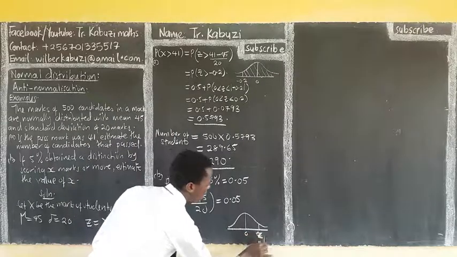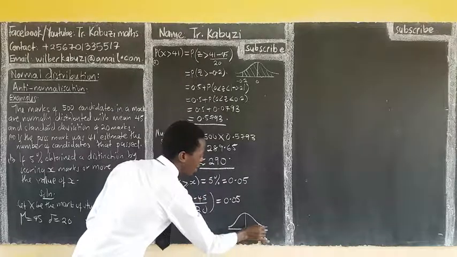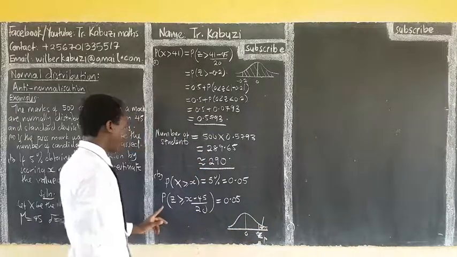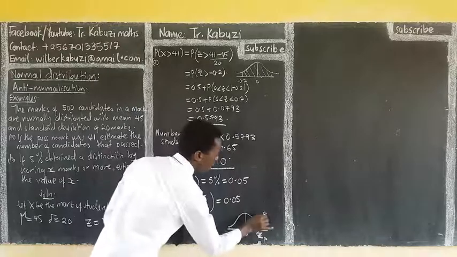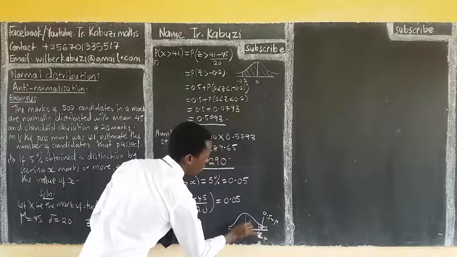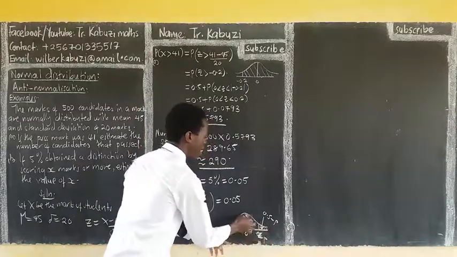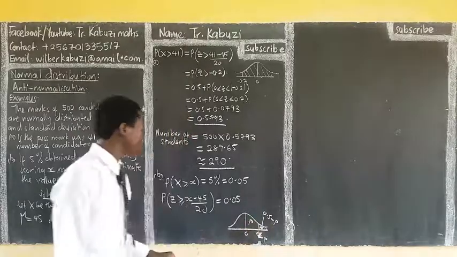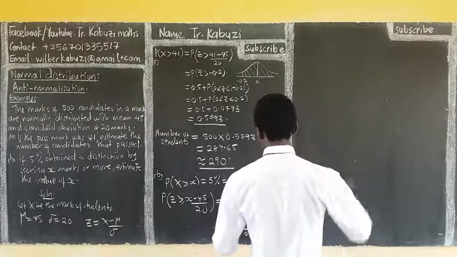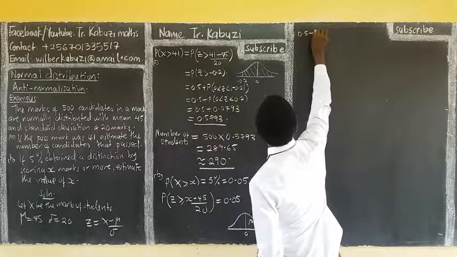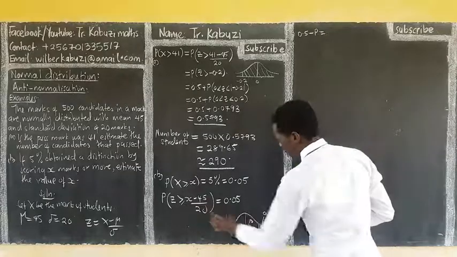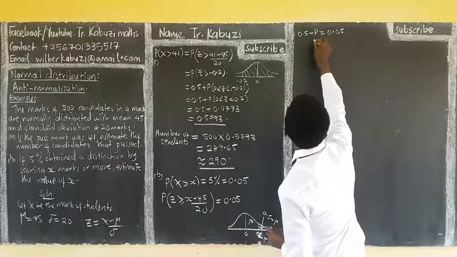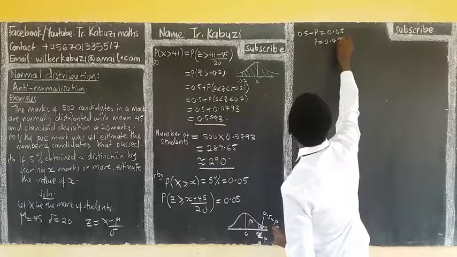We need ZP, but the parameter they are giving us is the tail. If the area from 0 up to here is P, then the tail is 0.5 minus P. They are telling us that the probability here is 0.05, so 0.5 minus P equals 0.05, and our P is going to be 0.45.